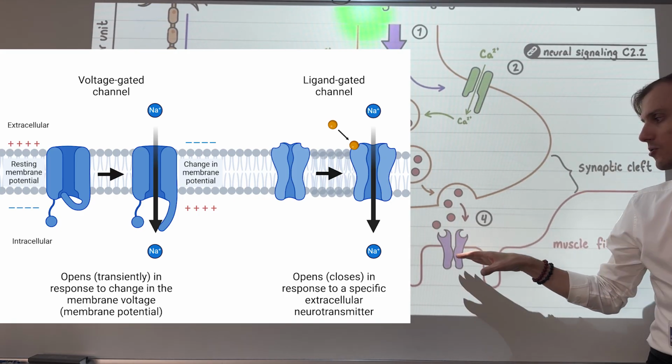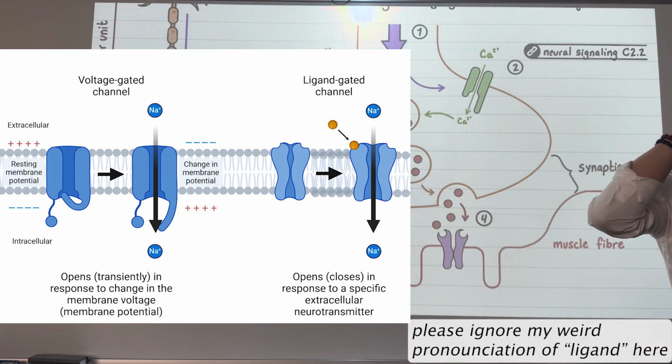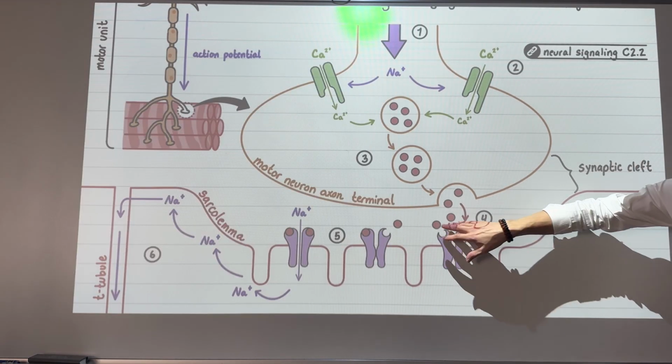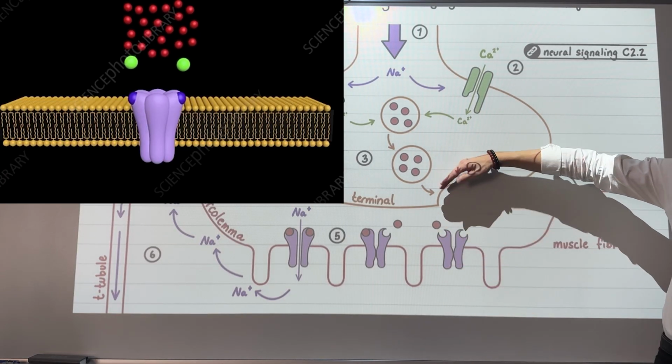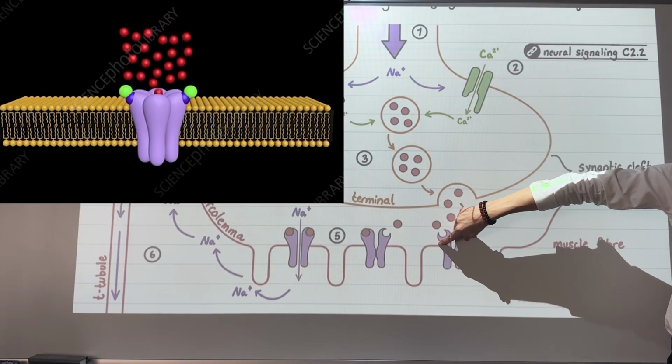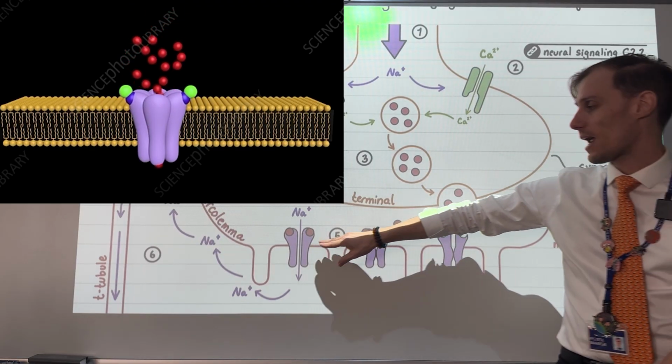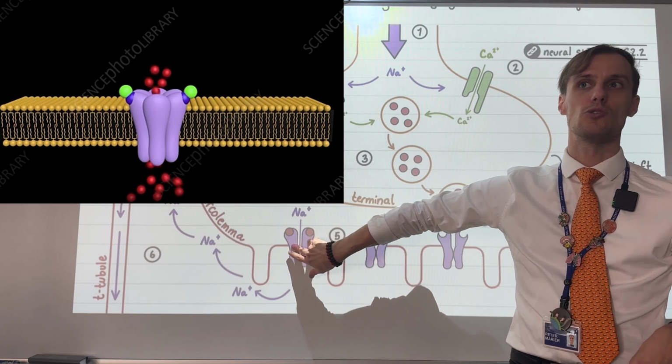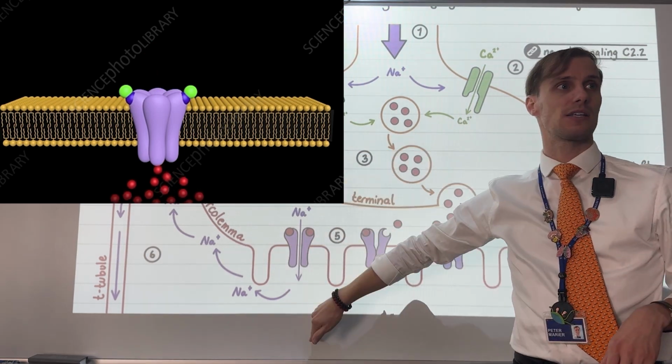It's going to open and close depending on if a ligand or a chemical is bound to it. So acetylcholine is now going to diffuse, bind to this acetylcholine receptor. That causes the acetylcholine receptor to open, allowing an influx of sodium.